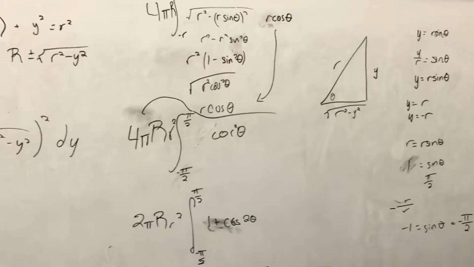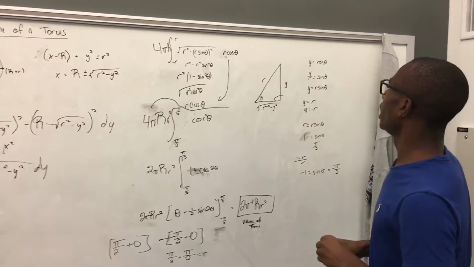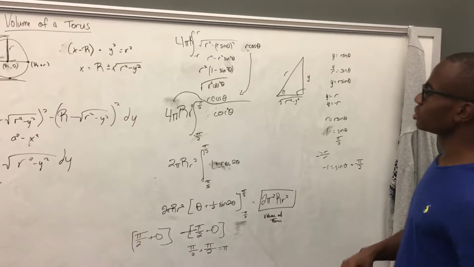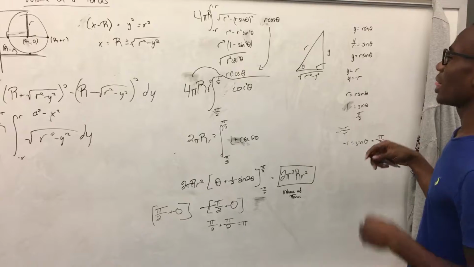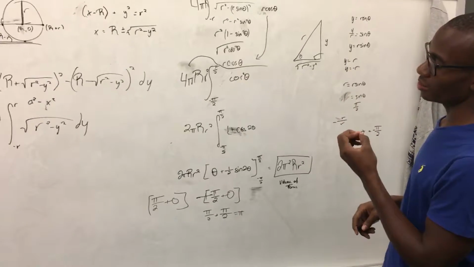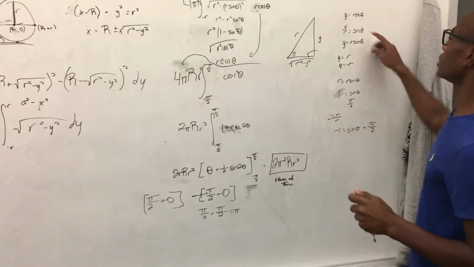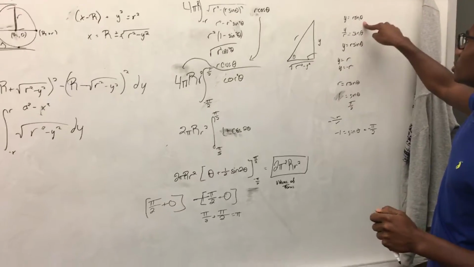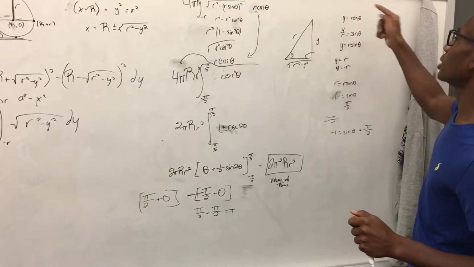And so I went over here and I drew out my triangle, and because we're integrating from negative r to r, the point y is equal to r, and y is equal to negative r. So what I did, since y is equal to r sine theta, I plugged in the two values, the r and the negative r.